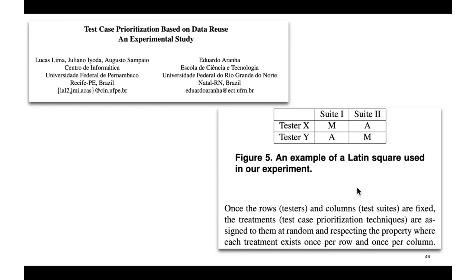Of course, this is a way to organize your experiment if you assume that testers and suites are independent from each other. In this particular experiment, we only had 2 options for each one of the axes, for testers and suites. In general, it works for more levels than 2.